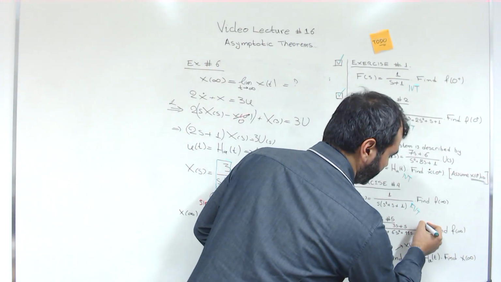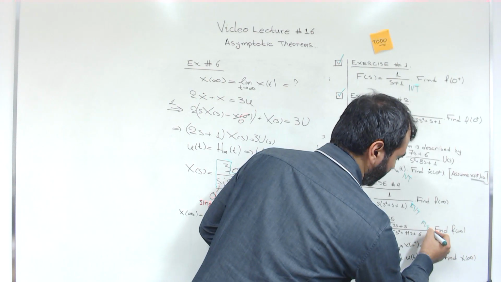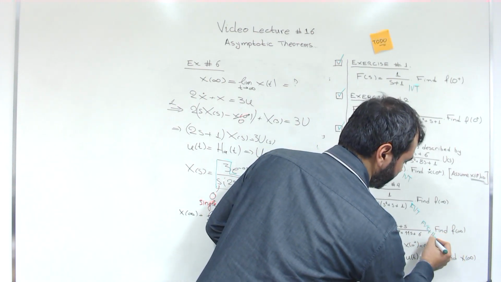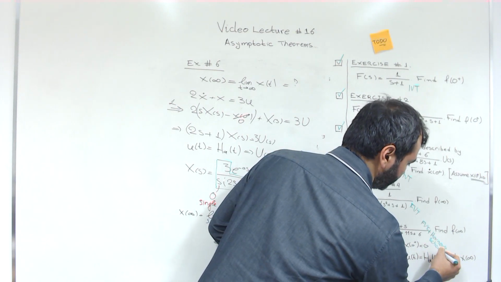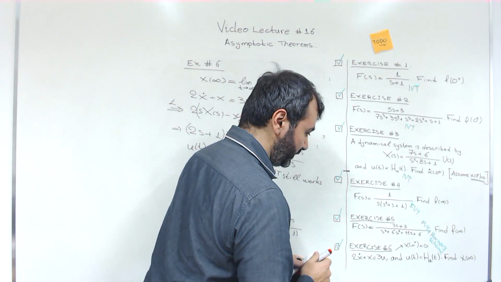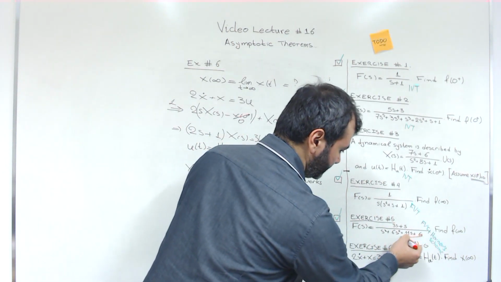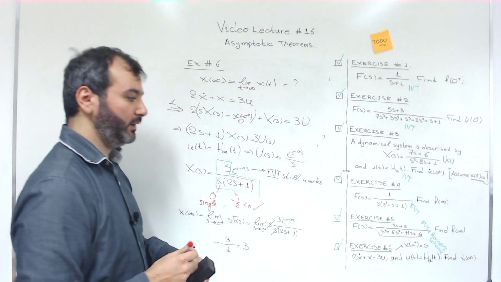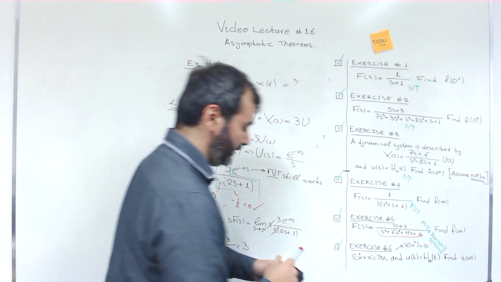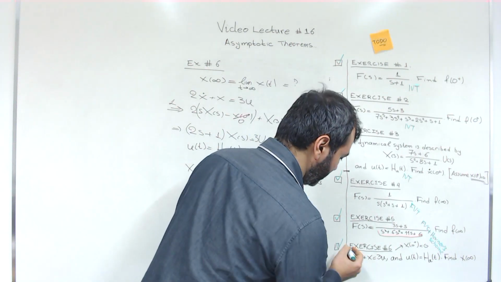Here we use the final value theorem plus Horner's scheme, because here we have a third order polynomial and we needed to be able to find its roots. And in the final example, again we use the final value theorem.